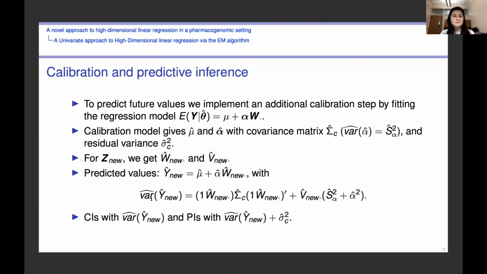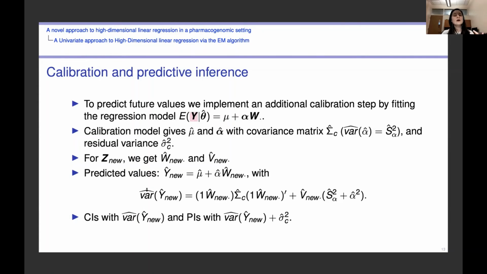The final element of the algorithm is the prediction part. Once we've estimated W, the latent confounder, we finally relate that to the outcome Y, and this is where we get predictions. In this final model, we're able to get variance of coefficients and residual variances.